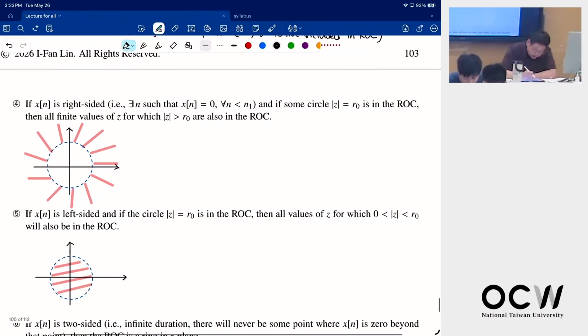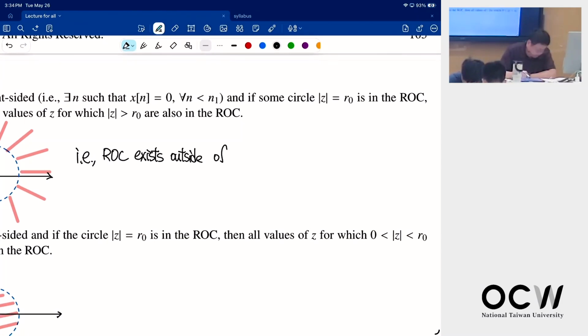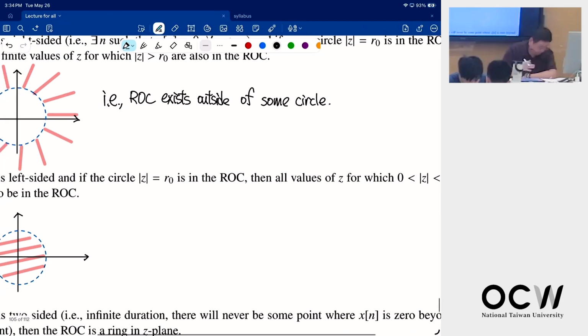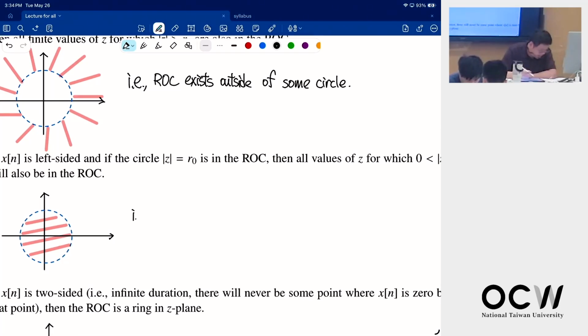So for the right-sided, that means the region of convergence exists outside of some circle. And for the left-sided, that means the region of convergence is inside some circle.